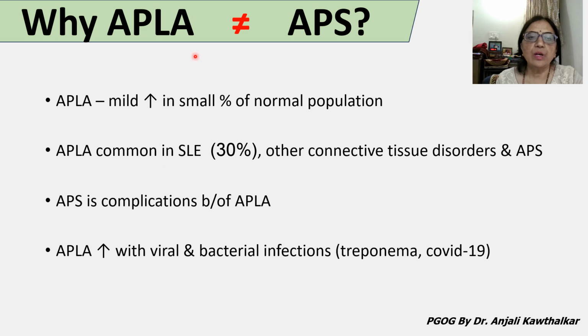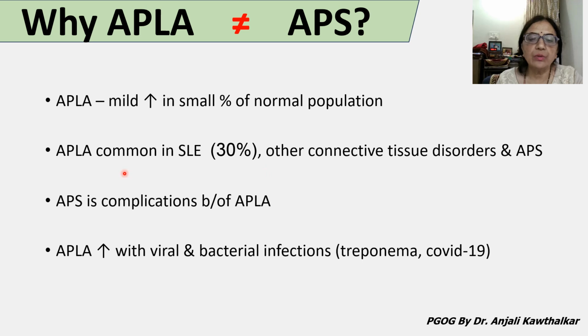The reason why these two are not synonymous with each other is that antibodies might be raised, a mild increase is seen in a small percentage of the normal population also. aPL is not only raised in antiphospholipid syndrome, these antibodies are also raised in 30% of SLE patients and in other connective tissue disorders.